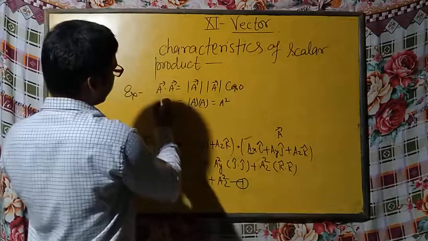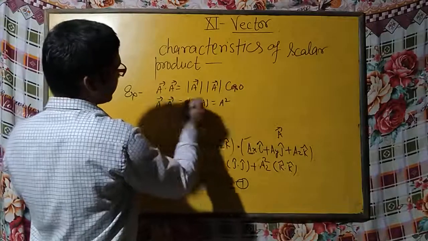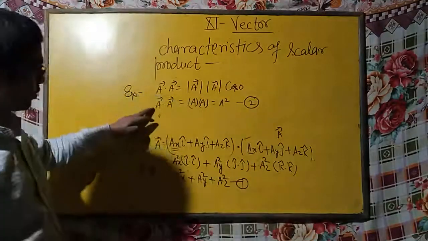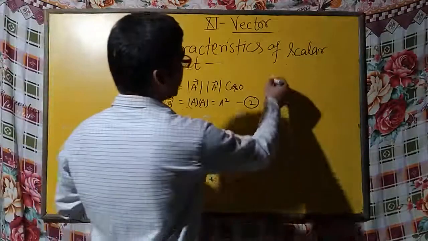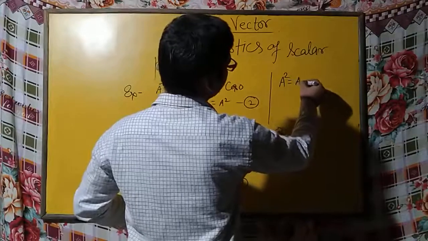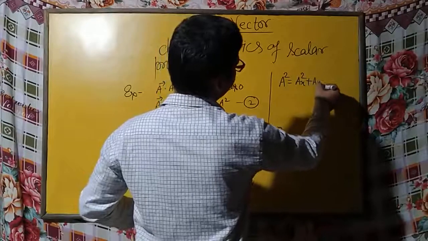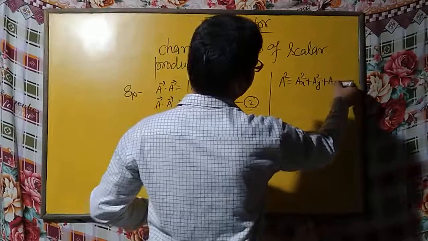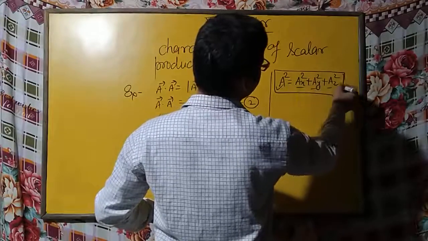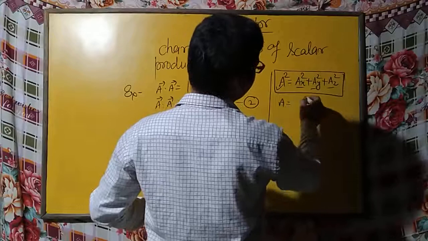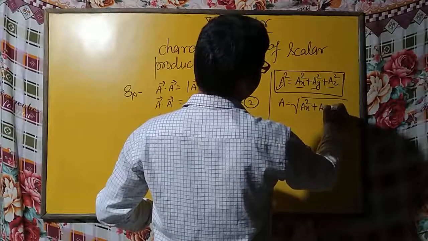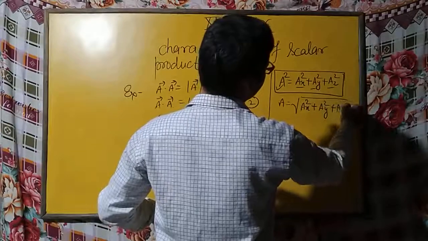So a dot a is equal to a square, this one is equation number 2. Now you can compare equation number 1 and 2. So from 1 and 2, you can write a square is equal to ax square plus ay square plus az square. So this one is the resultant of these three vectors. You can also write a is equal to under root ax square plus ay square plus az square.